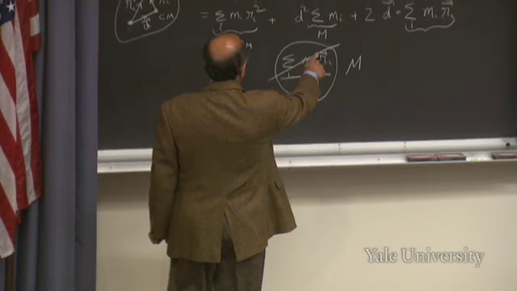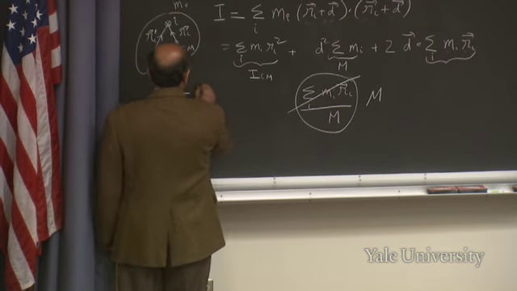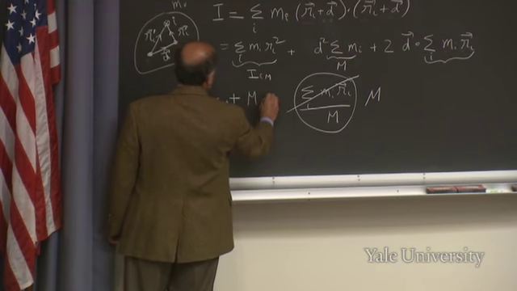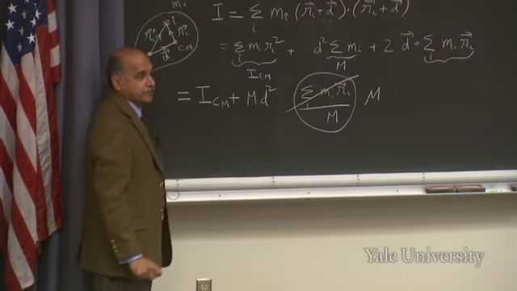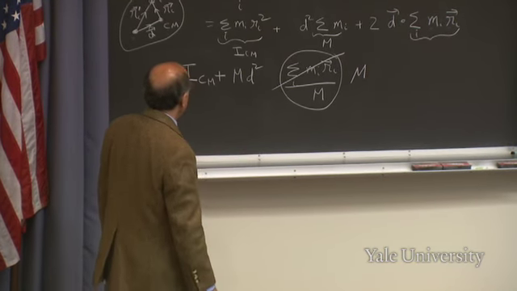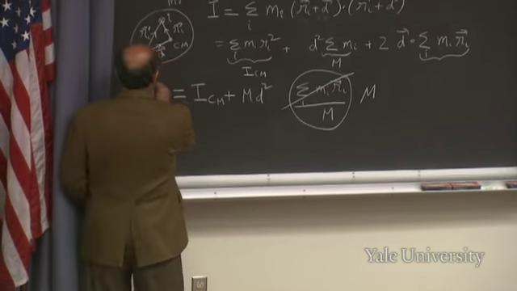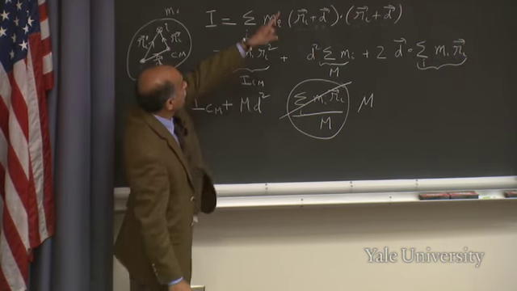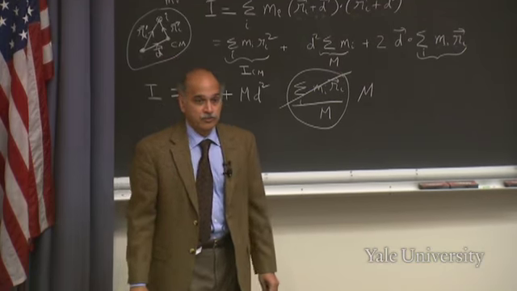And that's why this term vanishes. Then I get the result I mentioned to you. I is I center of mass plus M D squared. And the rod was a special case of this, where I put D equal to L over 2 to do that example. But this is generally true.